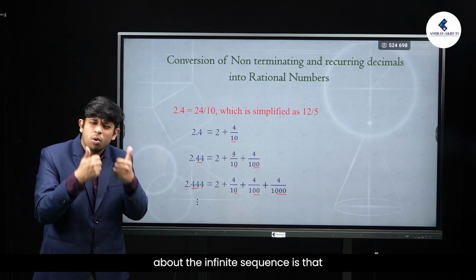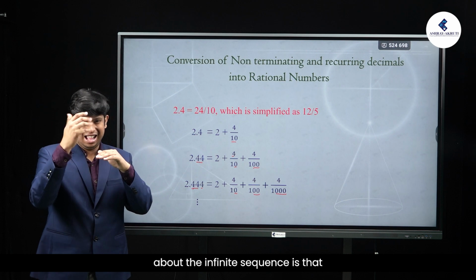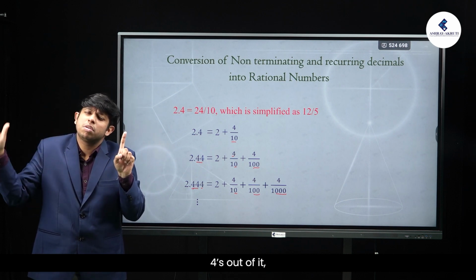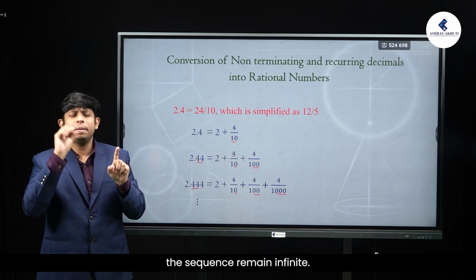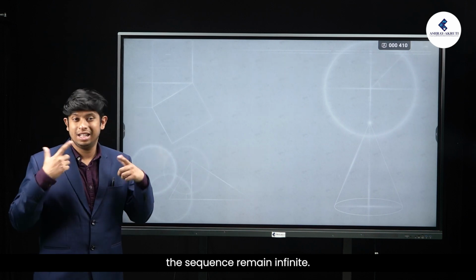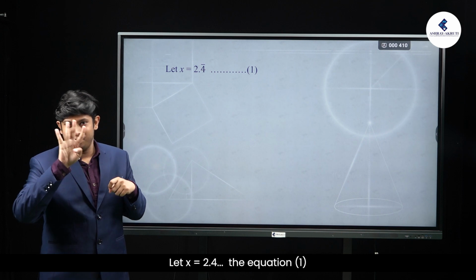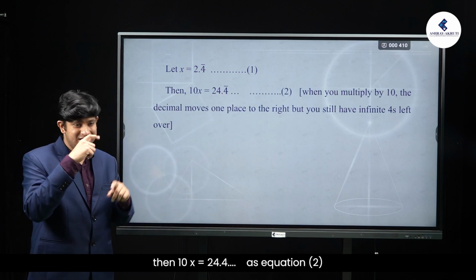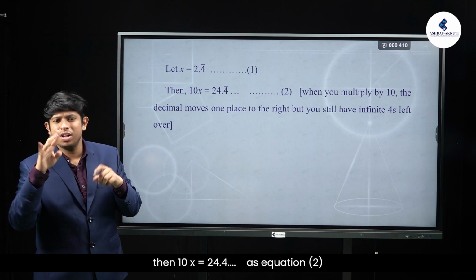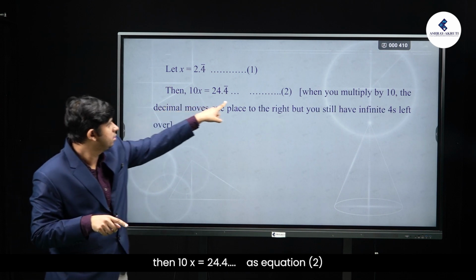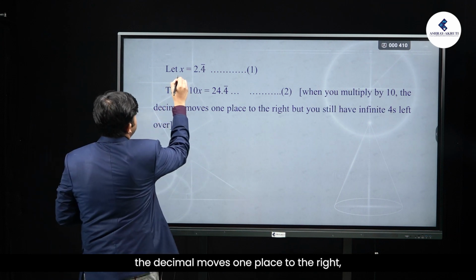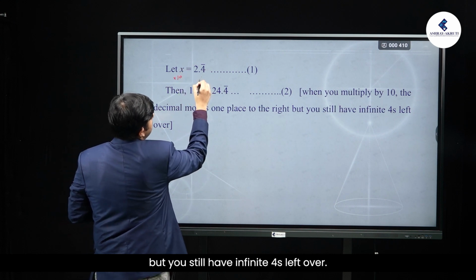The good thing about the infinite sequence is that even if we pull away 1, 2 or more 4s out of it, the sequence remains infinite. Let x equal to 2.4 bar as equation 1, then 10x is equal to 24.4 bar as equation 2. When you multiply by 10, the decimal moves one place to the right, but you still have infinite 4s left over.